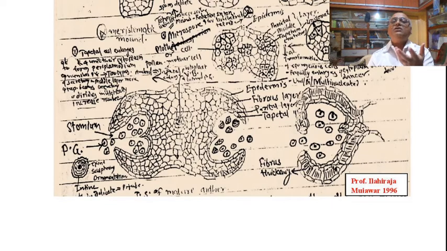What about being hygroscopic? The word indicates the ability to absorb something. What does it absorb? It absorbs moisture from the outside, which is needed for the dehiscence of the anthers.